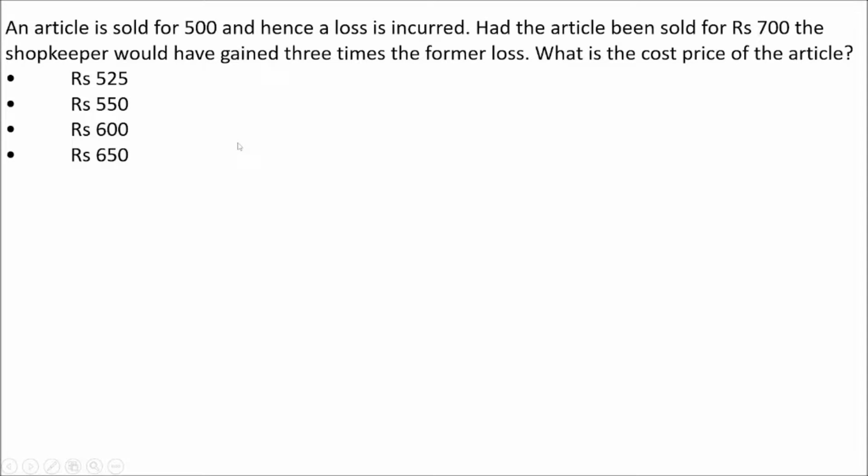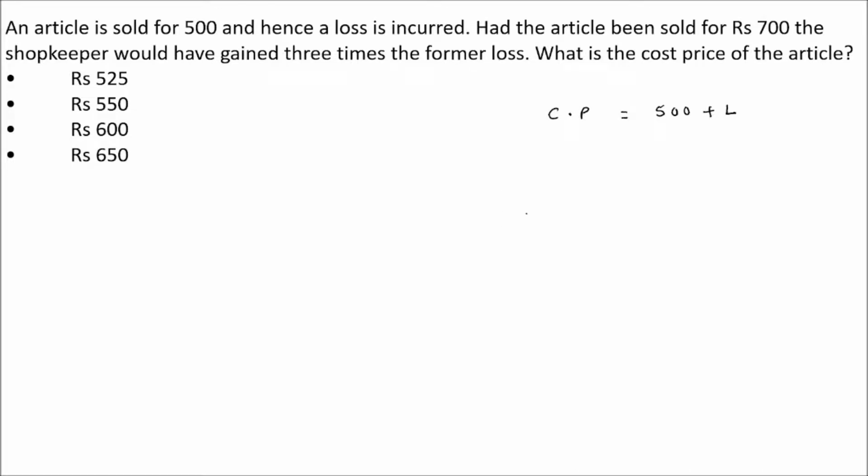So let us understand one more question, bachcho. An article is sold for 500 and hence a loss is incurred. That means we can say that the cost price of the article is selling price plus loss. Then, had the article been sold for rupees 700, the shopkeeper would have gained 3 times the foregone loss.